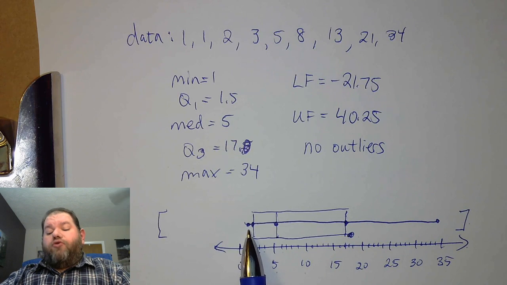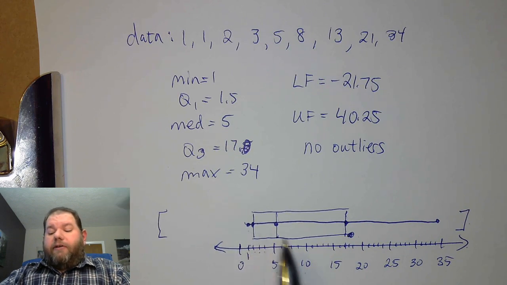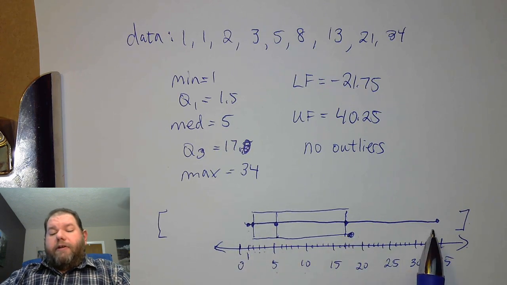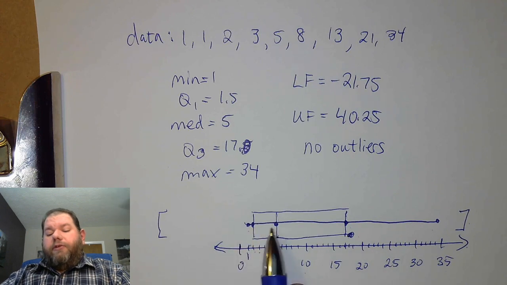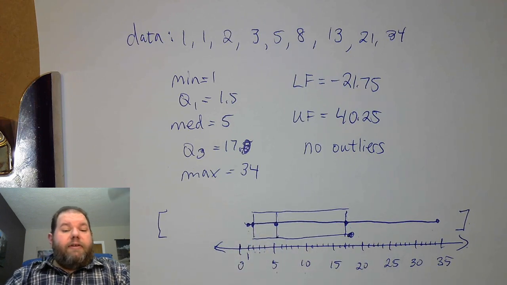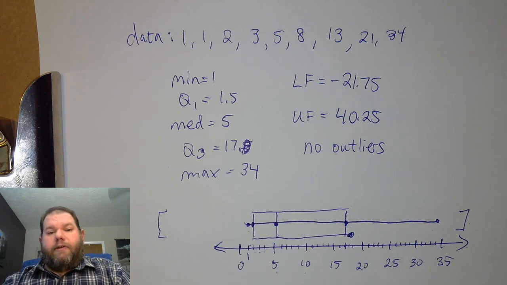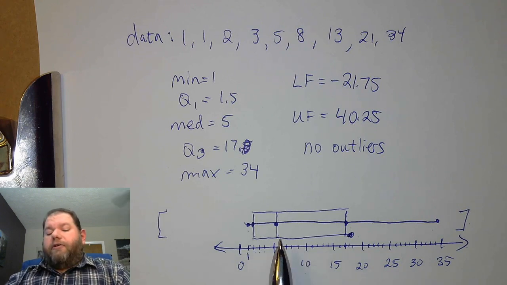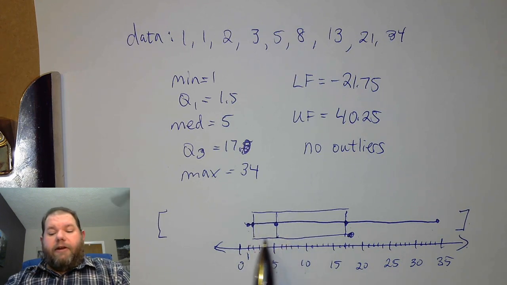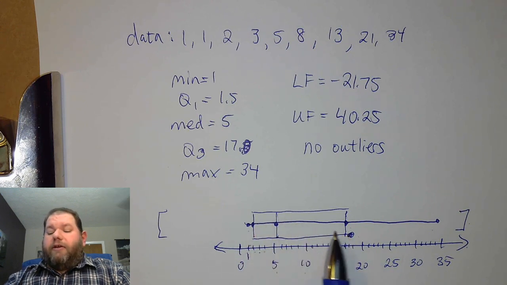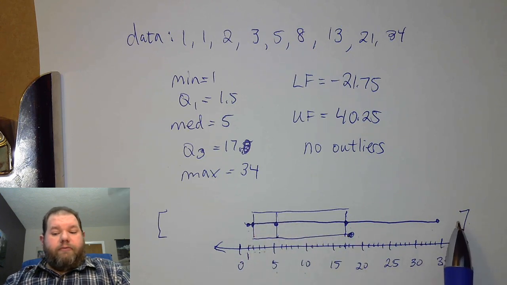And because we have a shorter whisker on the left hand side than on the right hand side, both those things tell us that the data is skewed to the right, meaning that our data is much more closely packed together in this part of the data set and gets further and further apart as we go to the right.